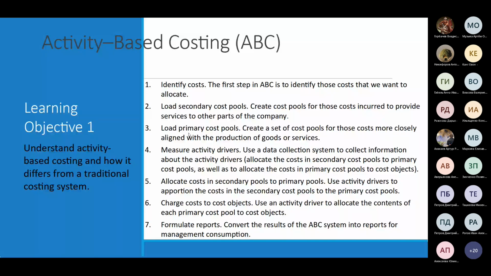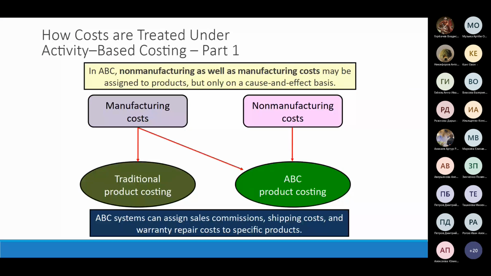So we can see here that under activity-based costing, we have some non-manufacturing costs that could be assigned to specified products, but only on a cause and effect basis.